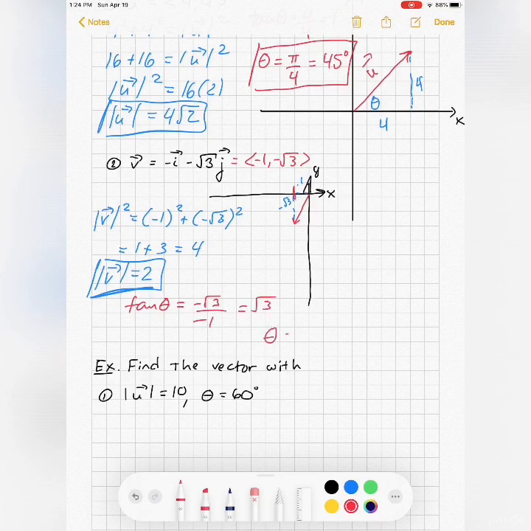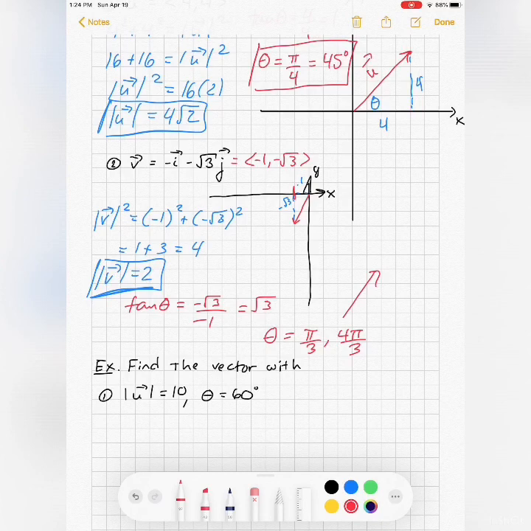So now I have to be careful because there are 2 angles for which tangent is root 3. I mean, there are actually infinitely many, right? But these are the first 2 that come to mind. So be careful. The angle here is not pi thirds, because if it were, the vector would be pointing into quadrant 1.